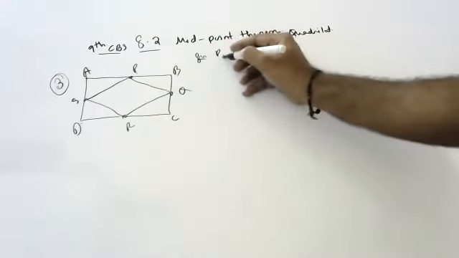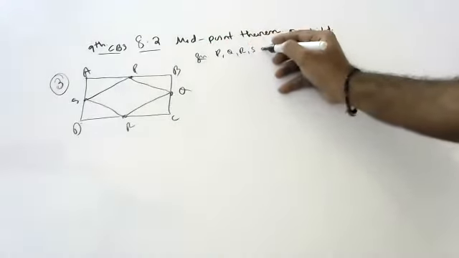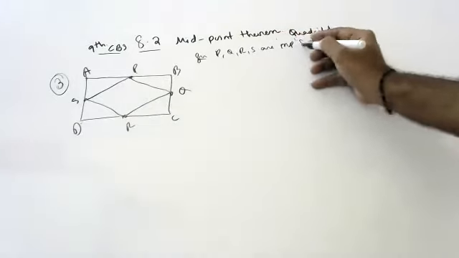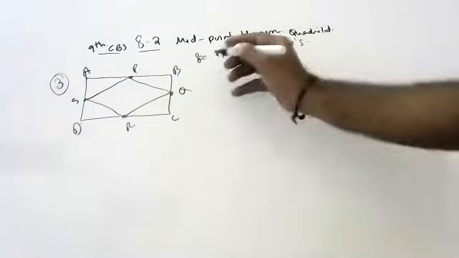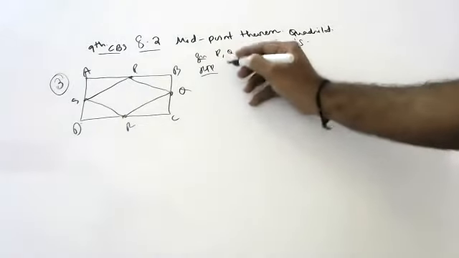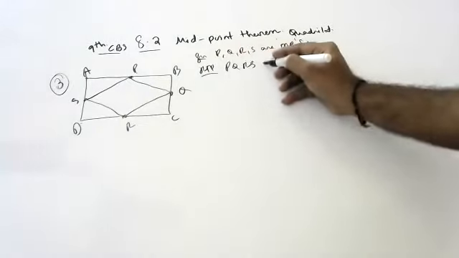Children, see here, P, Q, R, S are midpoints, and we have to show that it is a rhombus. Required to prove: PQRS is a rhombus.